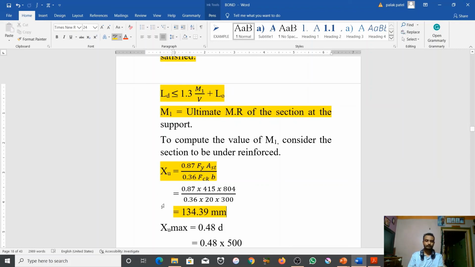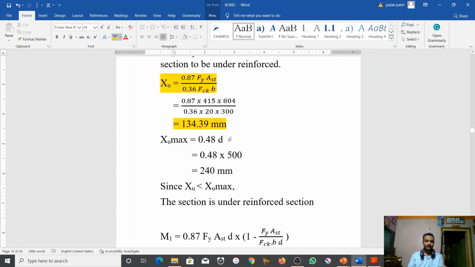XU max is equal to 0.48 D, so 0.48 into 500, which is 250 mm. XU max is more than XU, so the section is an under-reinforced section.